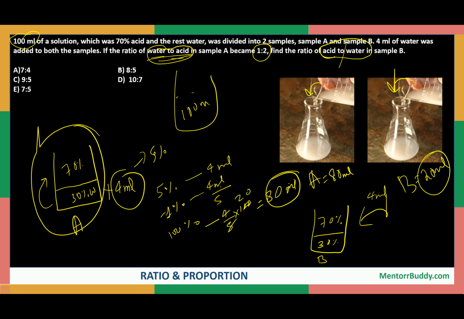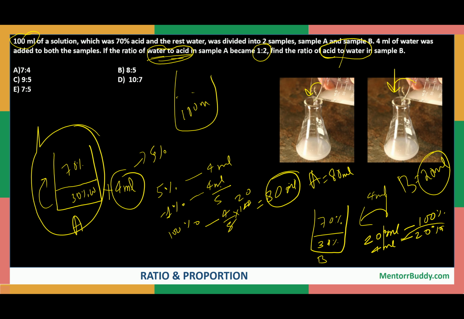So we can see from here, if 20 ml is equivalent to 100%, then 4 ml will be equivalent to how much? Will be equivalent to 20% of the solution, correct?